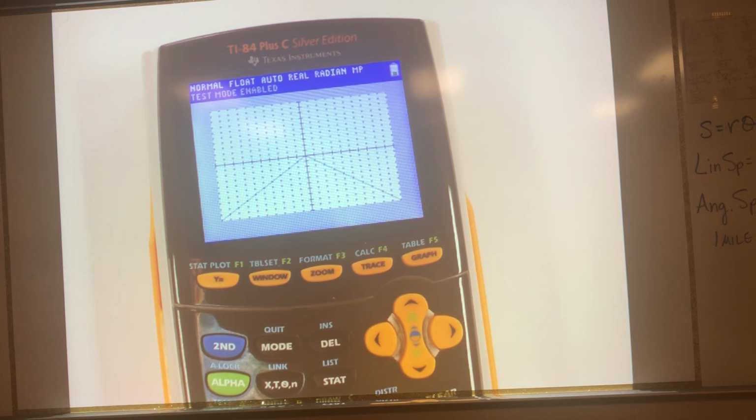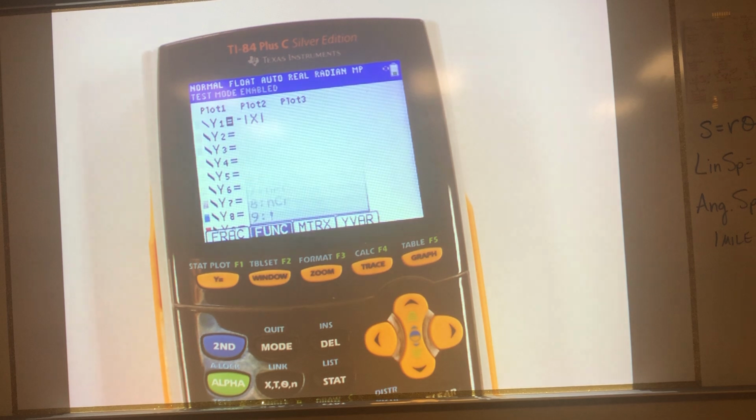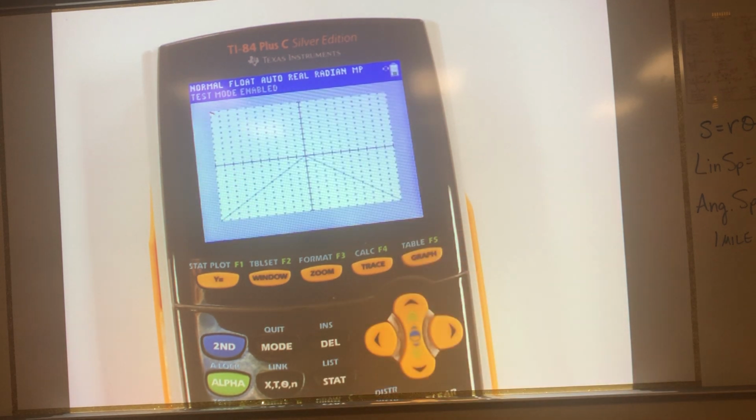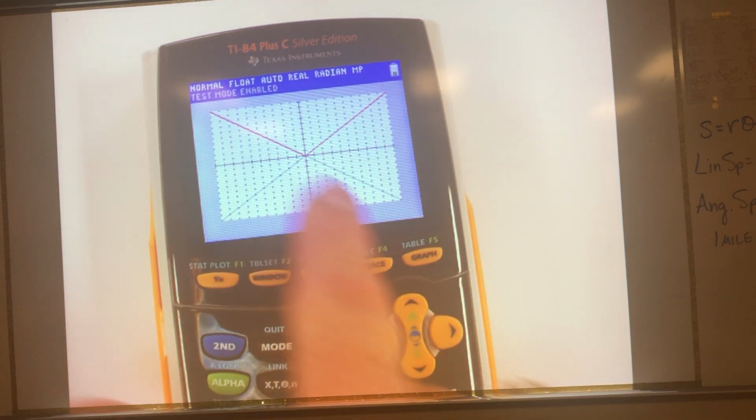Did it flip it exactly? Well, we can go back here and we can put the parent function back up there, right? And you can see, did it flip it exactly? Yes, it did. You see how that's a straight line right there and that's a straight line?